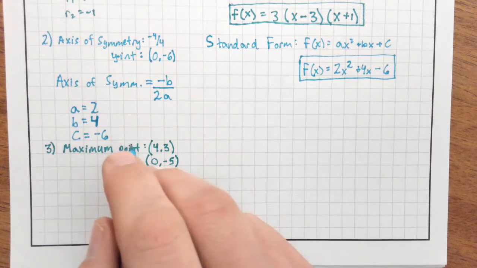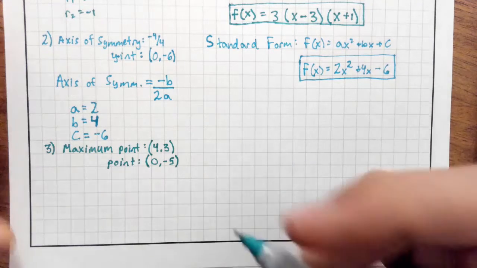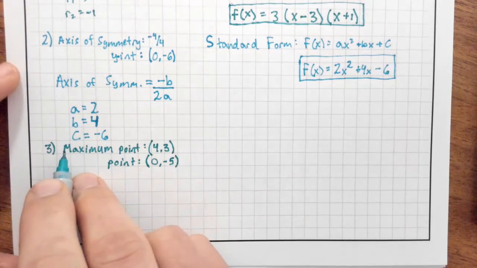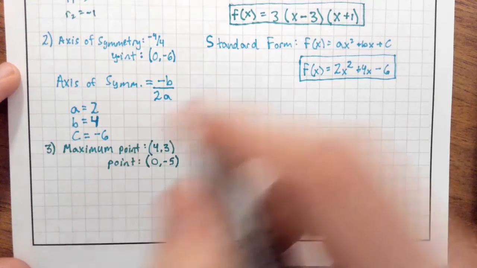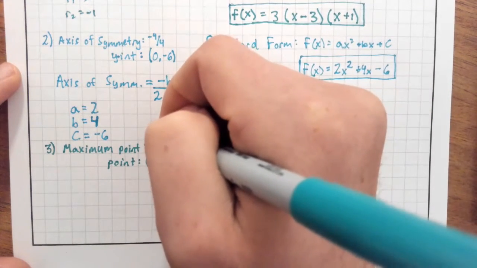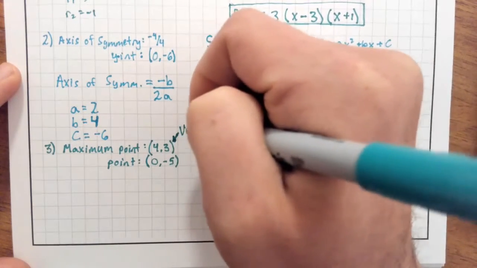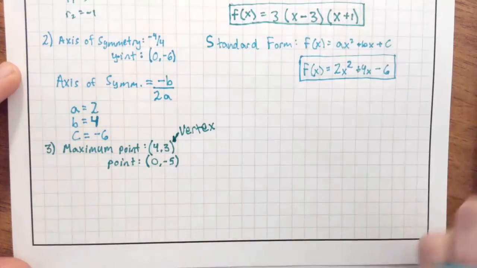But if it's giving you a maximum point, the way that I want to solve this one is the vertex form. A maximum or a minimum point is also known as the vertex. Maximums and minimums are vertices of parabolas.